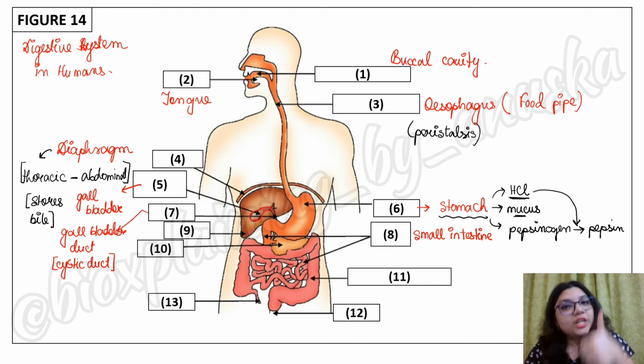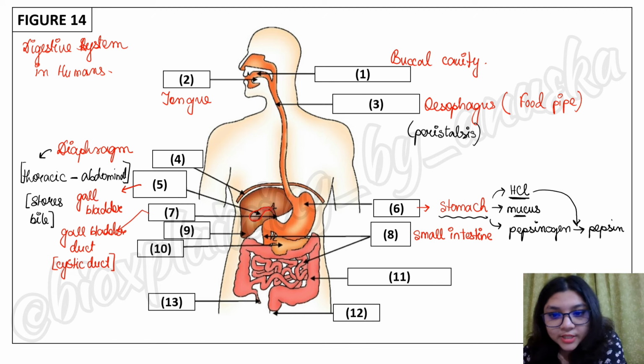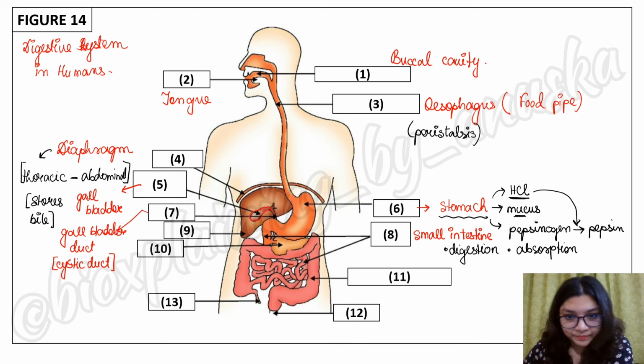First, it will finish digestion, and second, while the digested particles are moving ahead in the small intestine, absorption takes place. So functionally, small intestine: the majority of digestion takes place and gets completed there, and the second function is the absorption of the digested food materials.